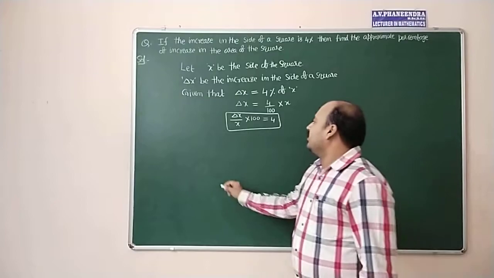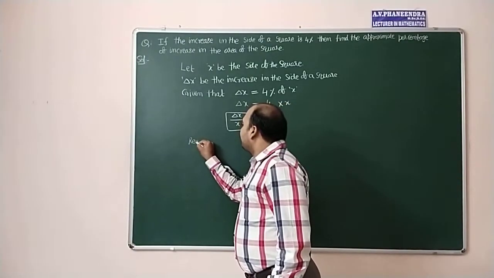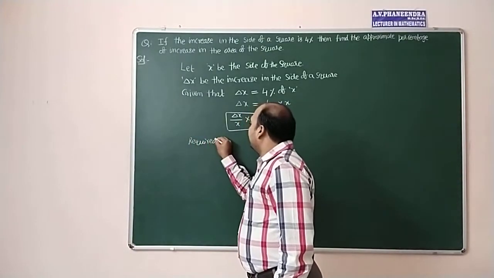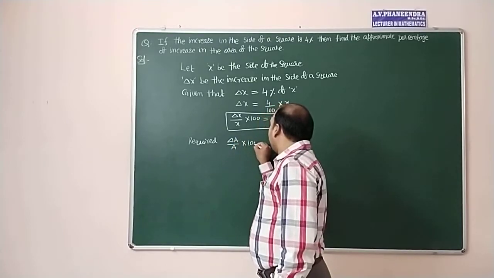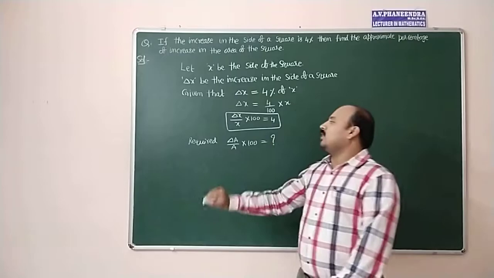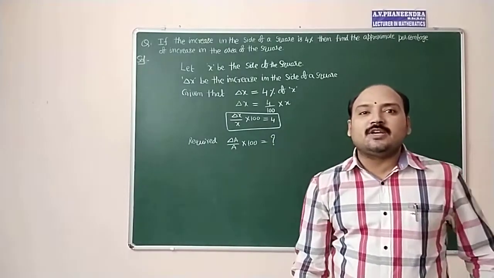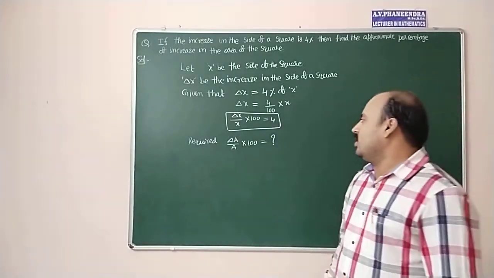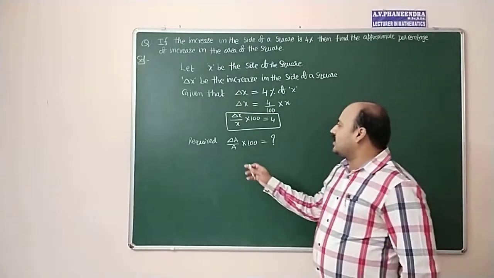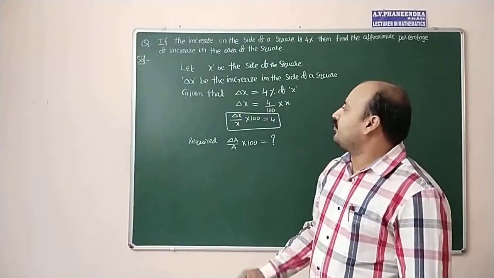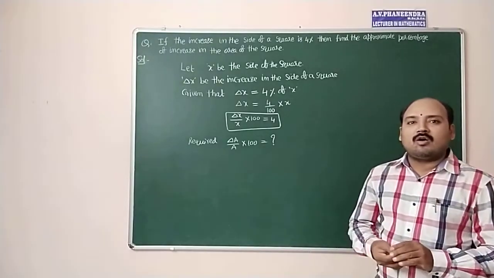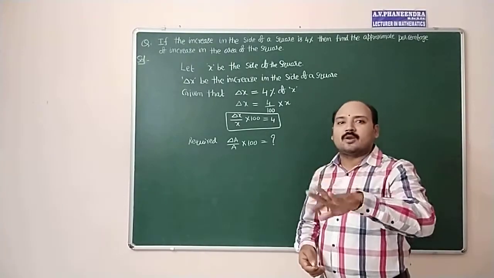They are asking for the required delta A by A into 100. This is the required one: the percentage increase in the area of the square. So remember that whenever they ask to calculate percentage increase, you have to apply log on both sides for the related formula.